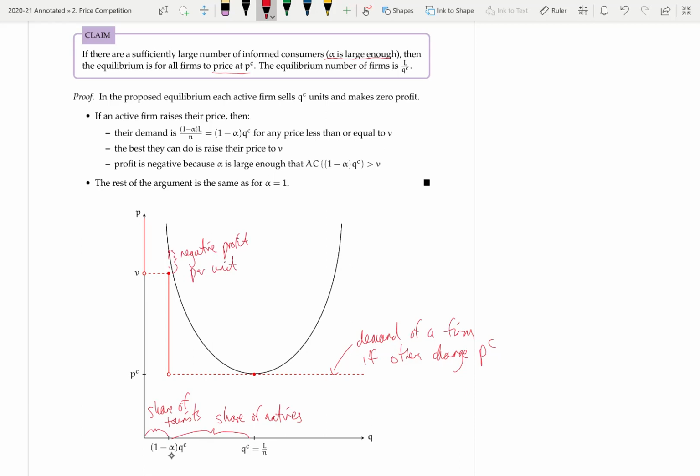So because alpha is relatively large, the number of tourists they sell to is going to be quite small, and therefore the average cost will be quite high and above the monopoly price. The rest of the argument is the same as for alpha equals 1.